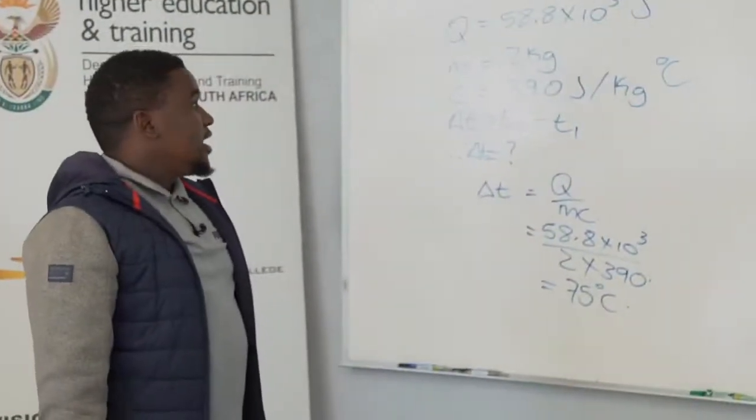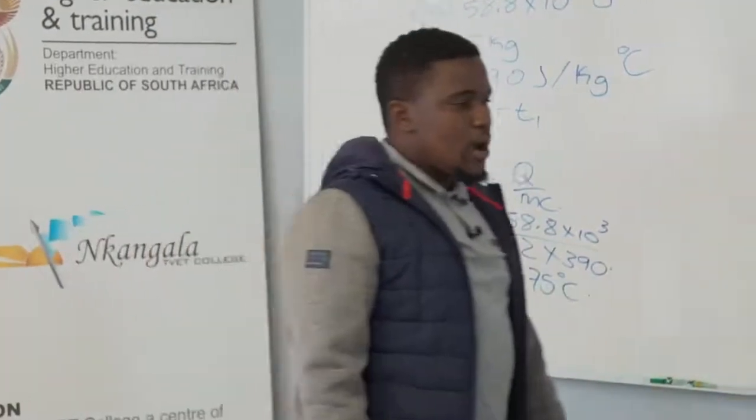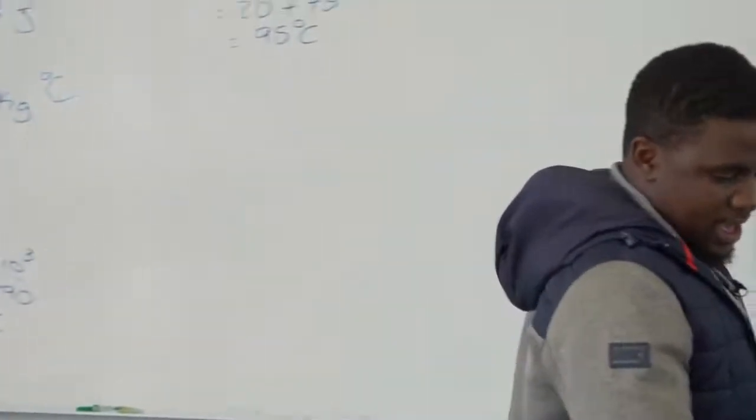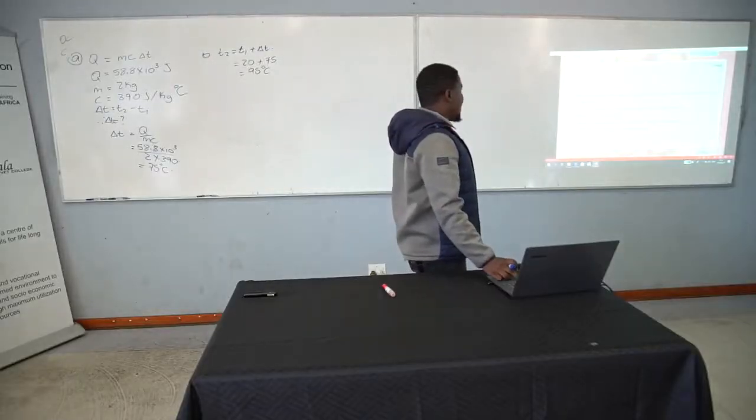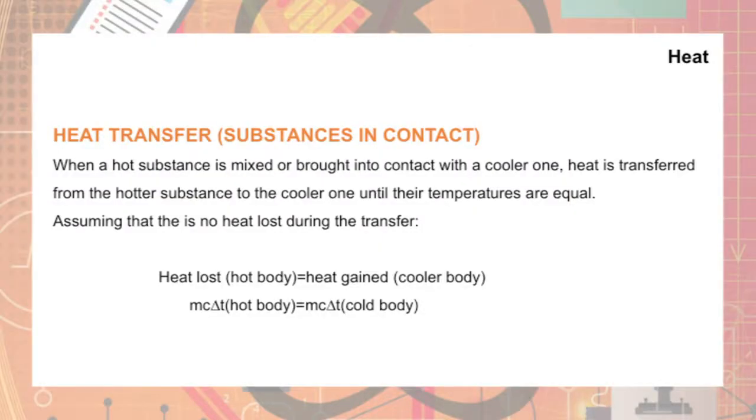With this, it takes us to our second part of heat, which is called the heat transfer in substances that are in contact. Let us go back to what we did in the previous grade.